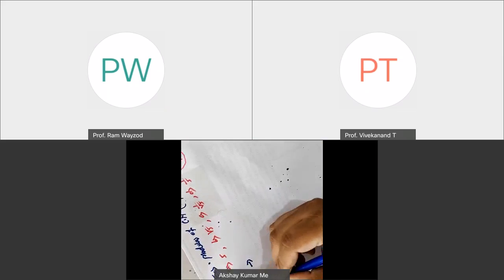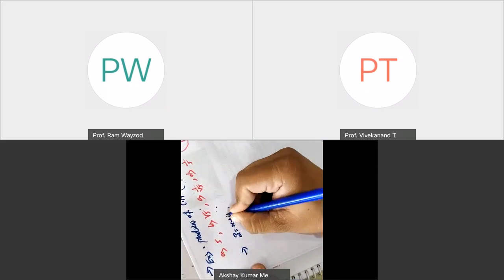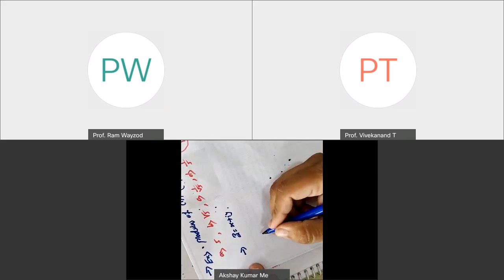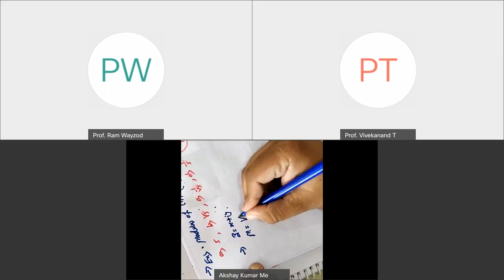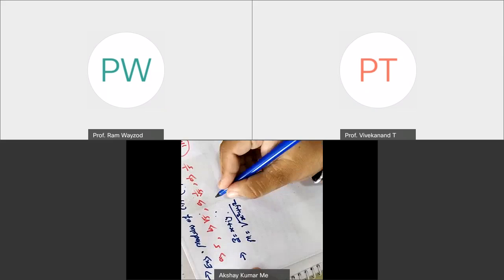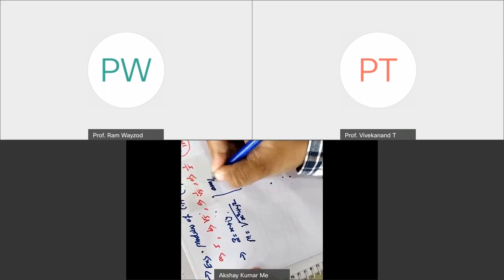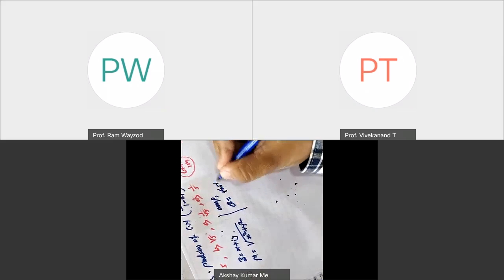Now we have to calculate the modulus. Suppose z is equal to x plus iy, where x and y are constants, then the modulus is defined as root of x square plus y square, and the amplitude theta is equal to tan inverse of y upon x.